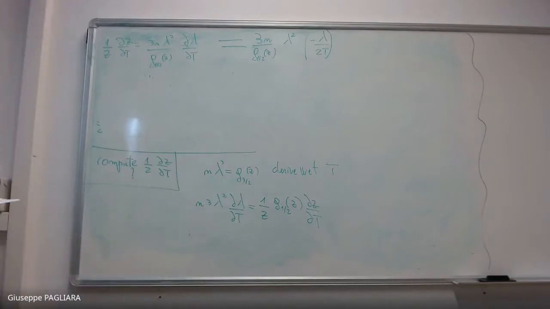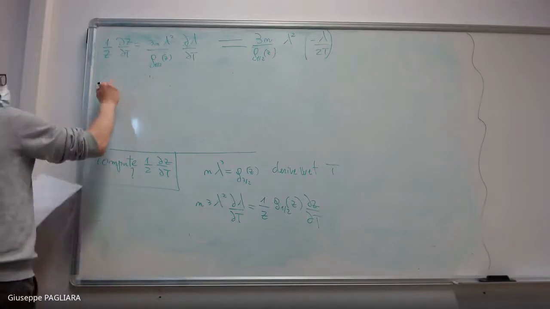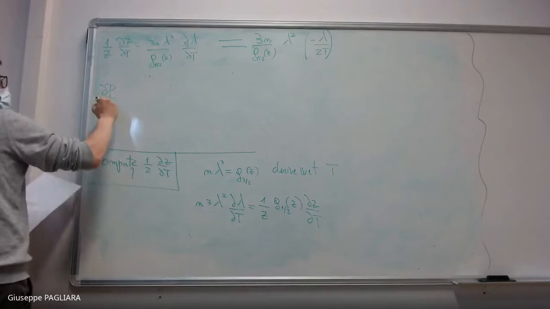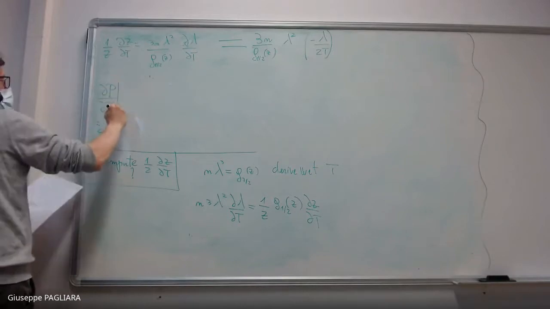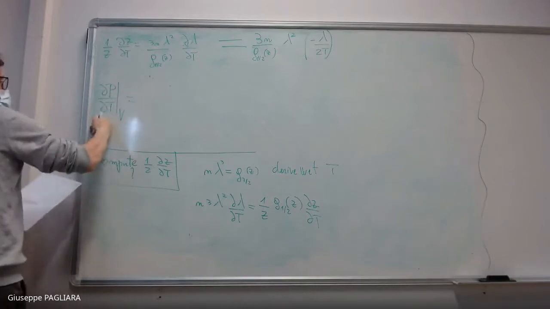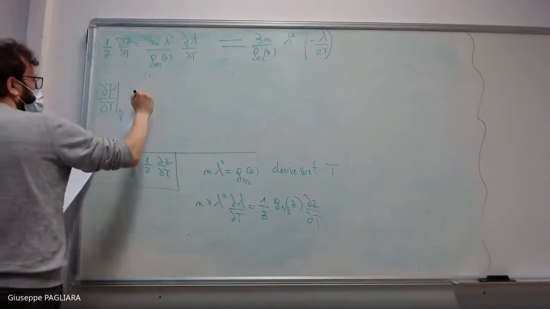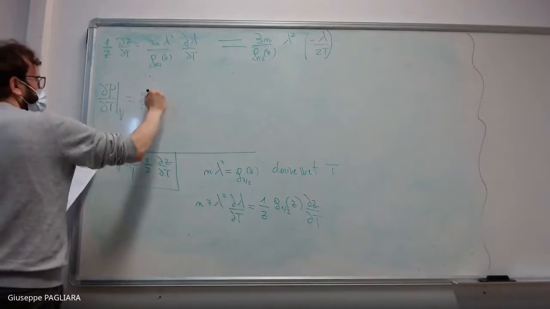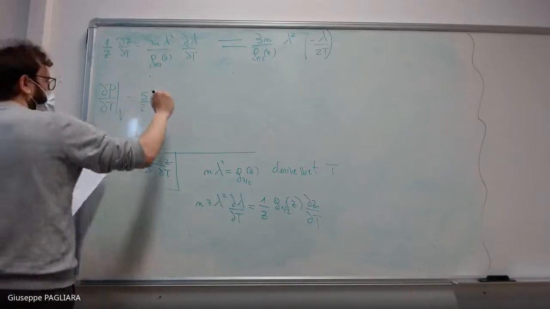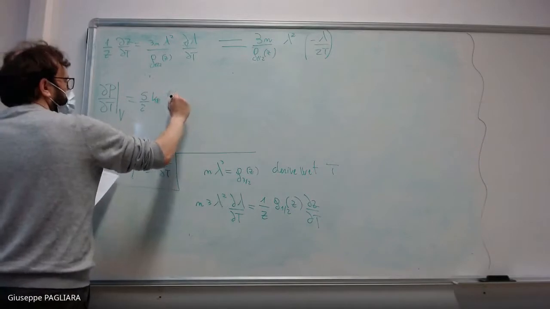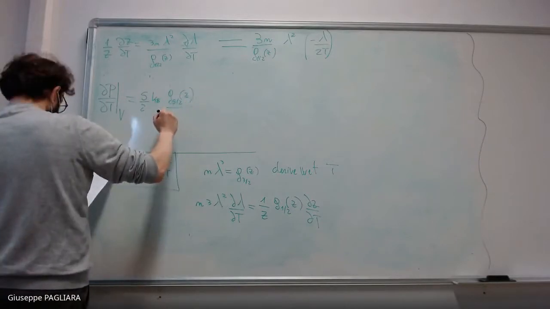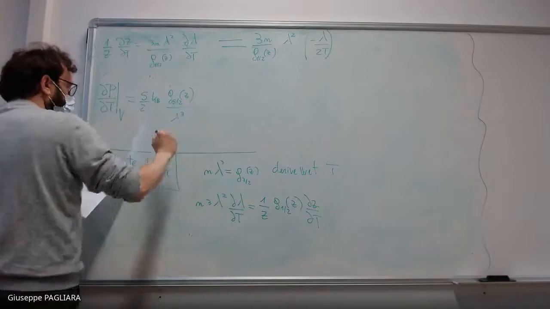So now let me come back to the previous derivative. We were computing the derivative of pressure with respect to temperature at fixed volume, and there was a first term which was 5/2 k_B g_{5/2} of z divided by lambda cubed.